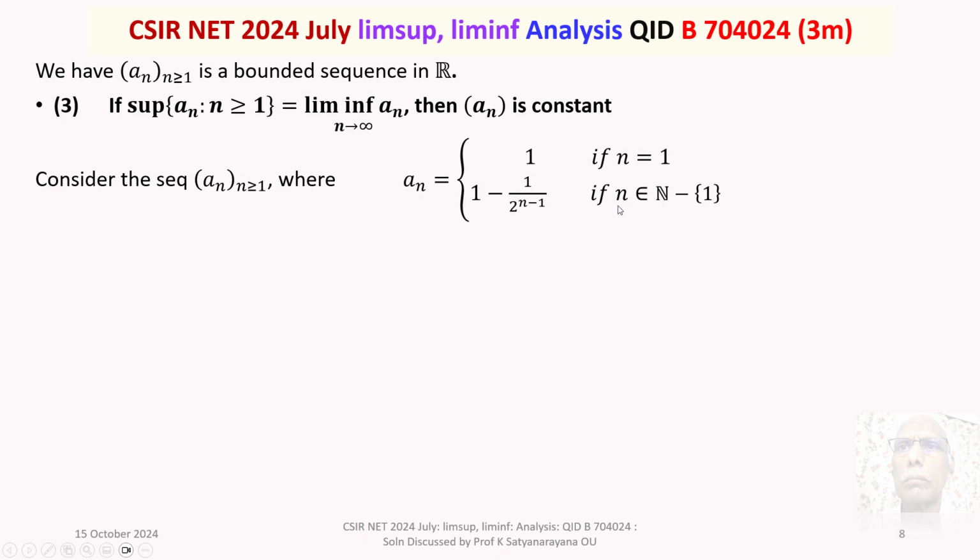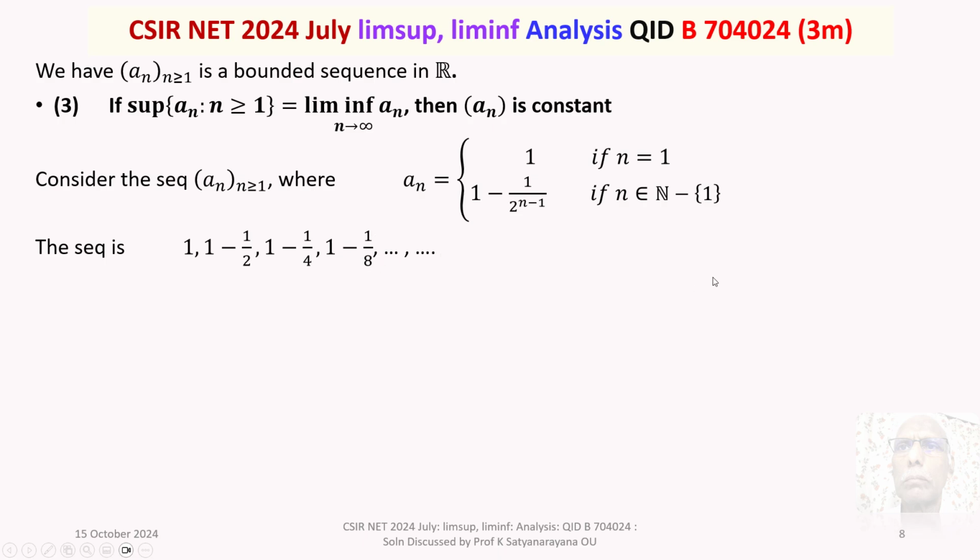So that means n is equal to 2, 3, 4, and so on. So the sequence is 1, 1 minus 1 by 2, 1 minus 1 by 2 square, 1 minus 1 by 2 cube, and so on.